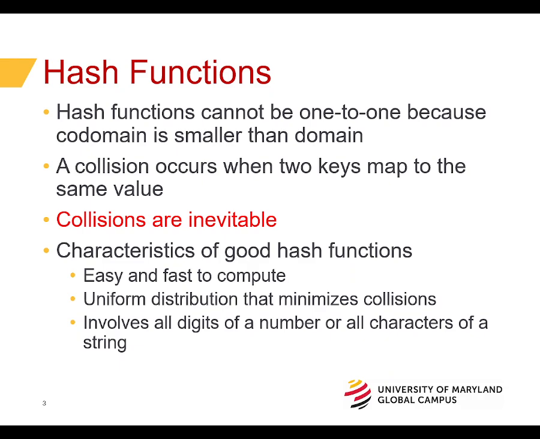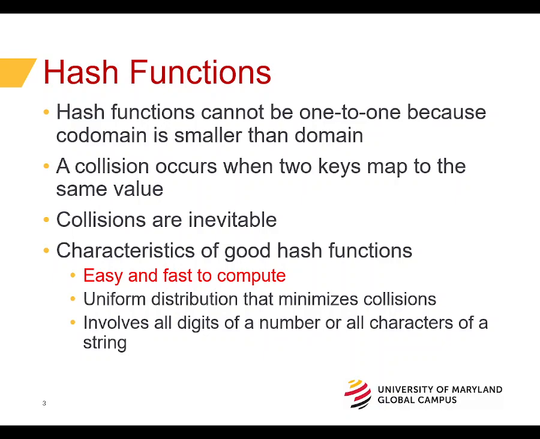Because of this nature of hash functions, collisions are inevitable. So one additional design consideration will be how to deal with such collisions. There are some other important considerations regarding what constitutes a good hash function. It needs to be easy and fast to compute. In big O terms, we want to be sure it executes in constant time.